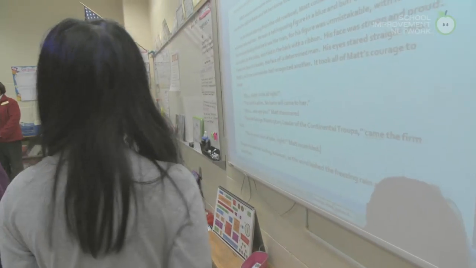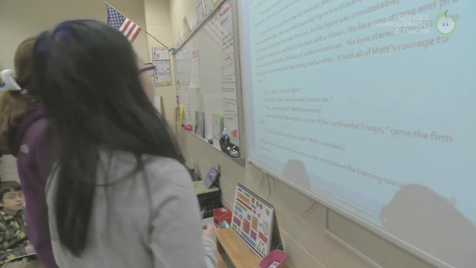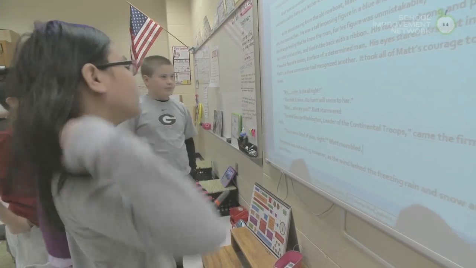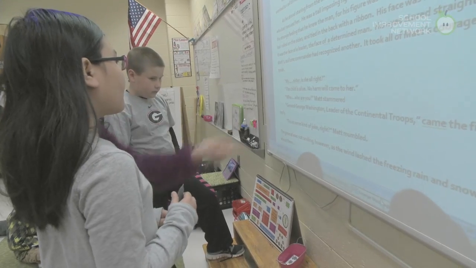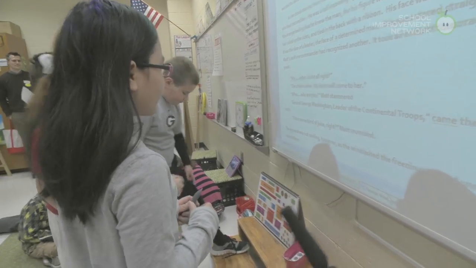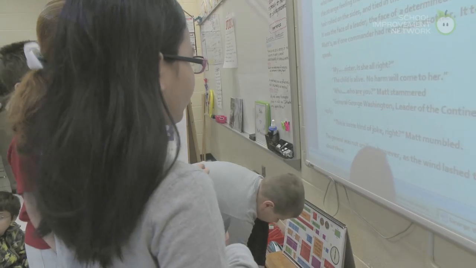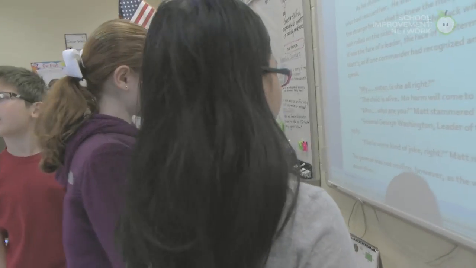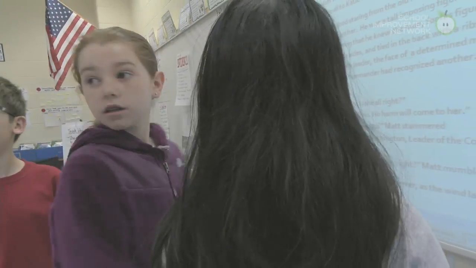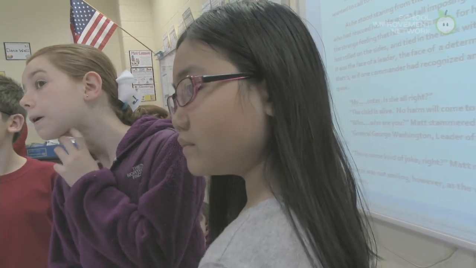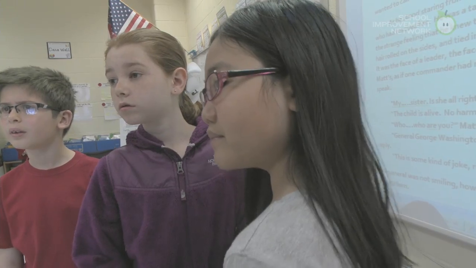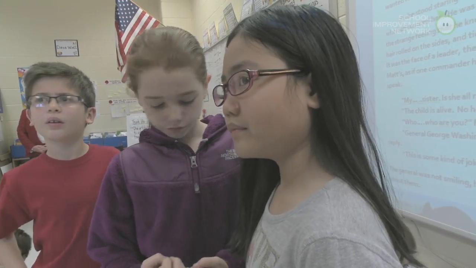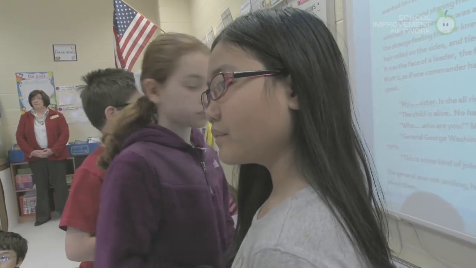Well, we could put what I was thinking about when she was reading it, when she was asking us the questions, the leader, when he was saying General George Washington, leader of Continental troops, we could say... There is your list of character traits and feelings that you guys are looking to reference. There's a difference between character traits and feelings. You've got to evaluate the word you're looking at, okay?